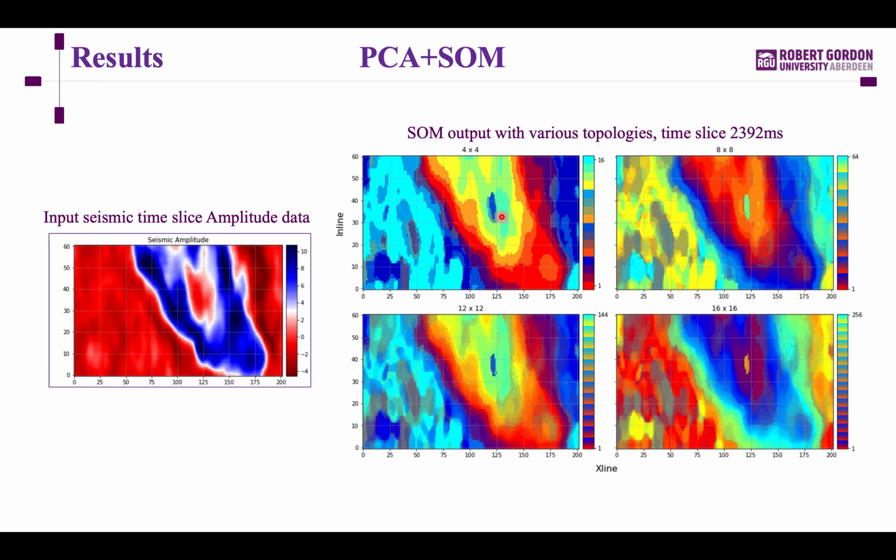We use different neural network topologies, meaning different numbers of clustering nodes. For example, we use 4x4 nodes, 8x8, 12x12, and 16x16, with a color code. This brings more resolution to our data.